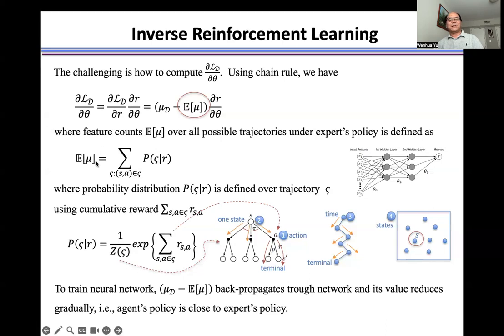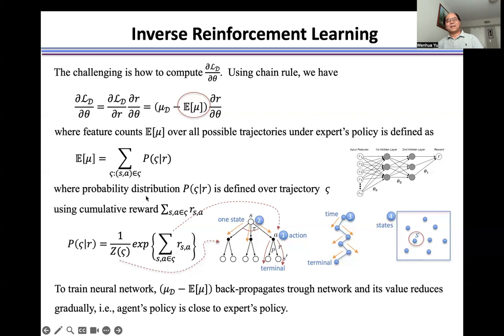From this definition, it is equal to this. This is the probability distribution, and we need to calculate the expectation of this probability distribution over all the trajectories.